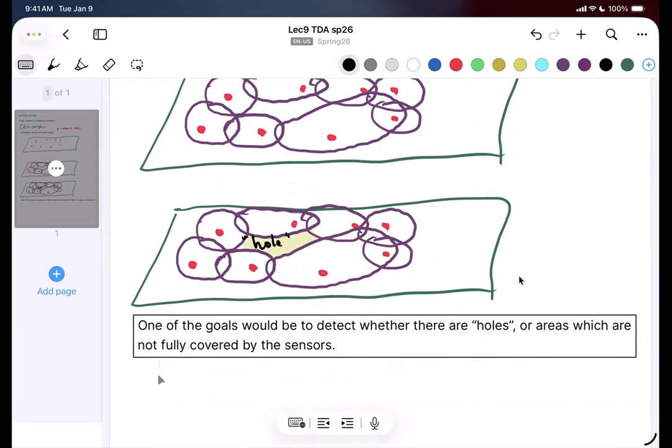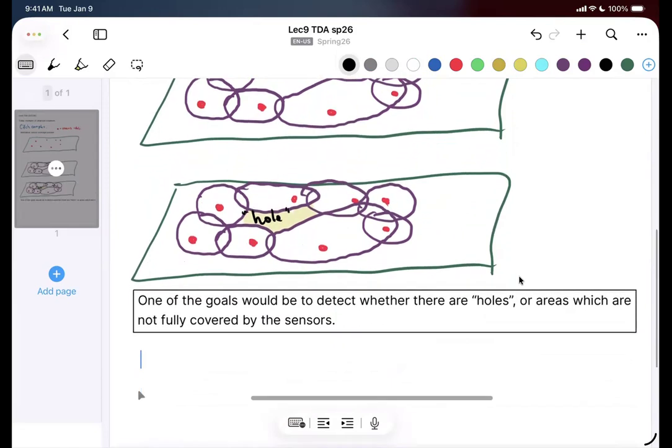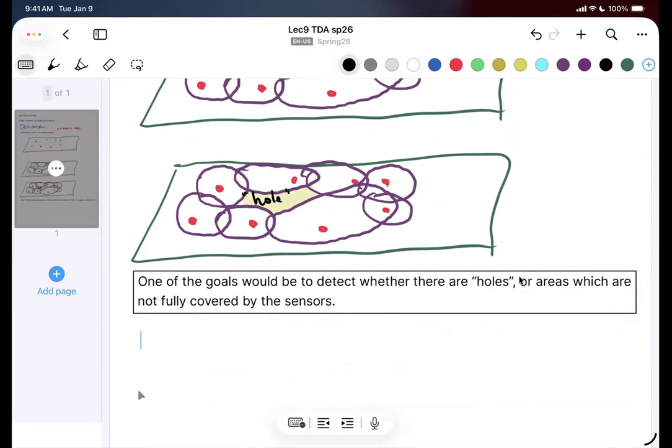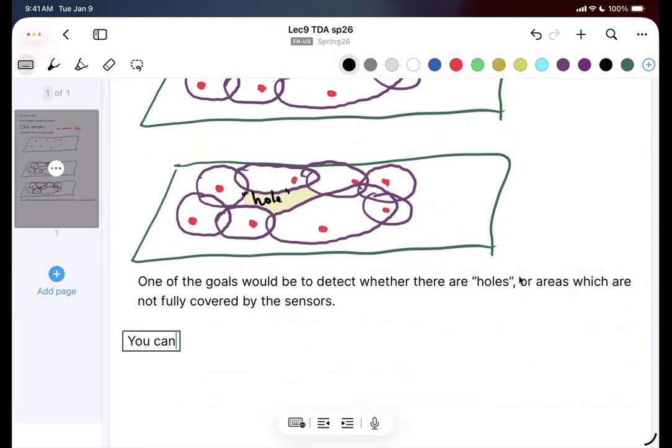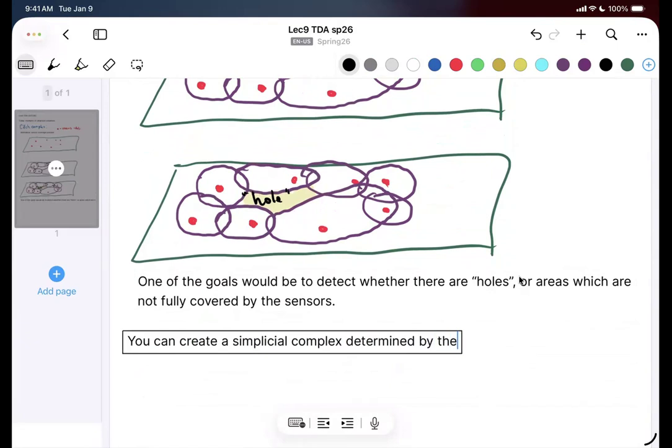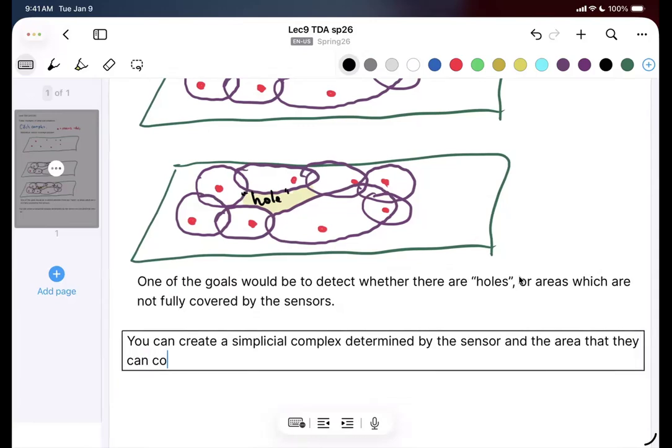You can also think about this as coverage, like AT&T or Verizon or T-Mobile, with all these antennas, and there are similar problems in that case. So you can create a simplicial complex determined by the sensors and the area that they can cover. I'll show you how that works on the next page.